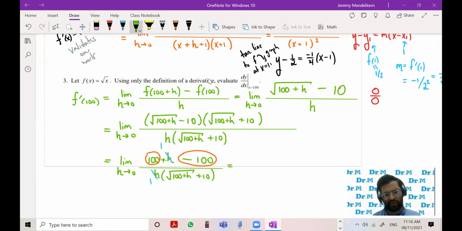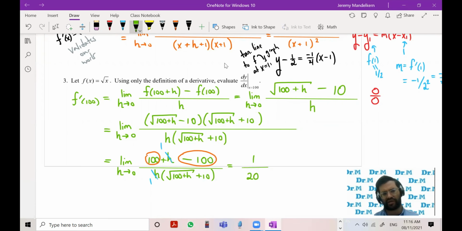So this gives us, when the dust settles and the smoke clears, a 1 in the top. And in the bottom, we find just the square root of 100, which is 10, plus 10. So we got 1 over 20.